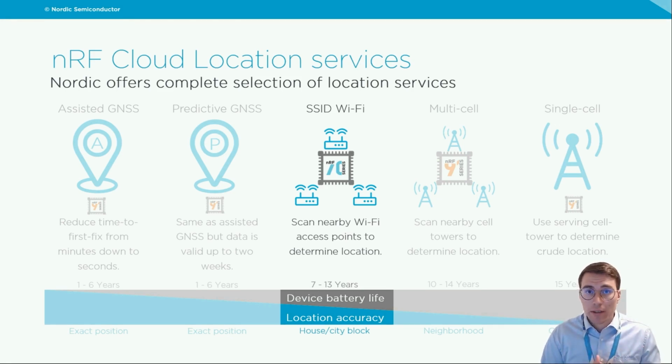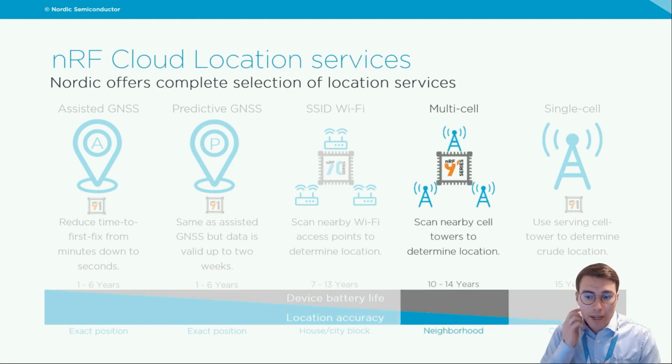You can expect accuracy around 20 to 30 meters, best cases down to 15 meters. This is basically based on how many Wi-Fi access points are around your device. And this also works inside, whereas GPS will not work inside any houses or buildings.